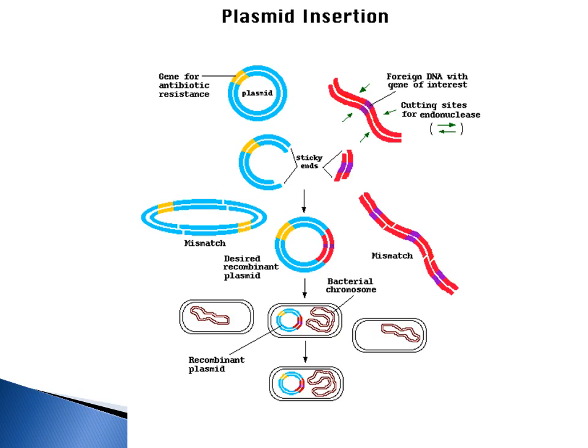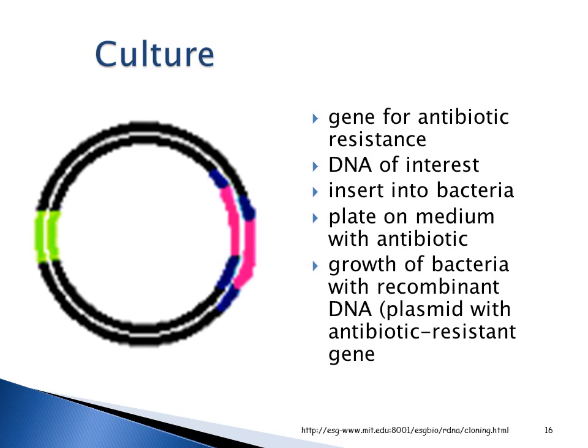The next step is actually taking that plasmid and transforming it into bacteria. So remember, your plasmid has an antibiotic resistance gene, and now it's a recombinant plasmid because it has DNA from another source ligated into it. You're then going to transform that plasmid into a bacterial cell.